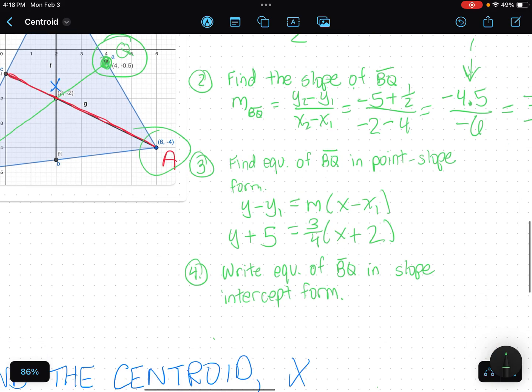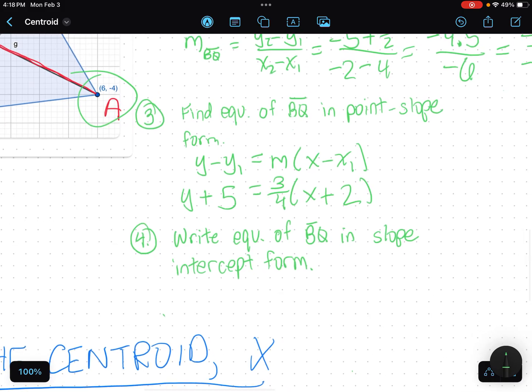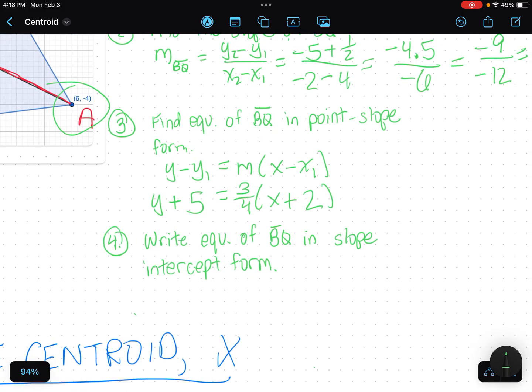So now I need to write that in y-intercept form, which gets a little bit ugly. So I'm just going to do this off to the side where I have some room. But obviously I have to distribute that 3/4, and that'll give me 3/4 x plus, and when I multiply 3/4 times 2, that's going to give me some form of 1.5. I'm going to choose the improper form for now. And now I just have to subtract 5 from both sides.